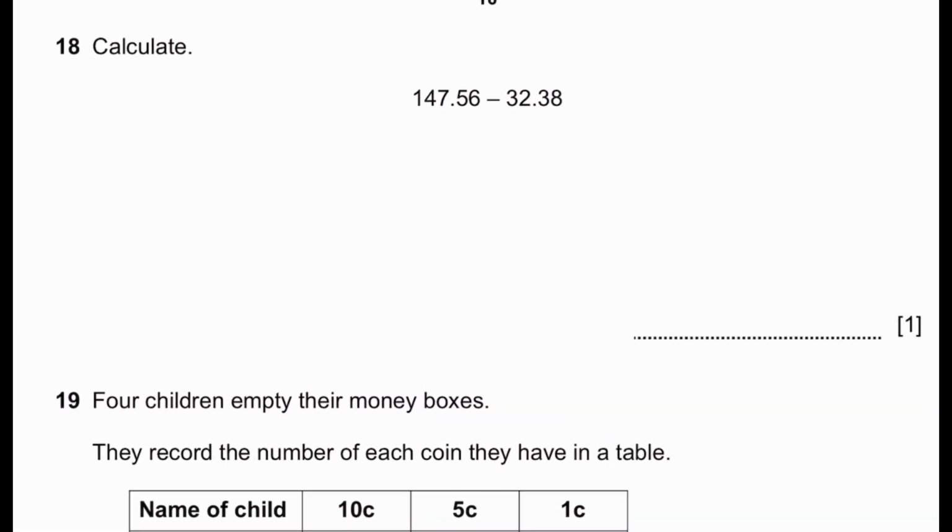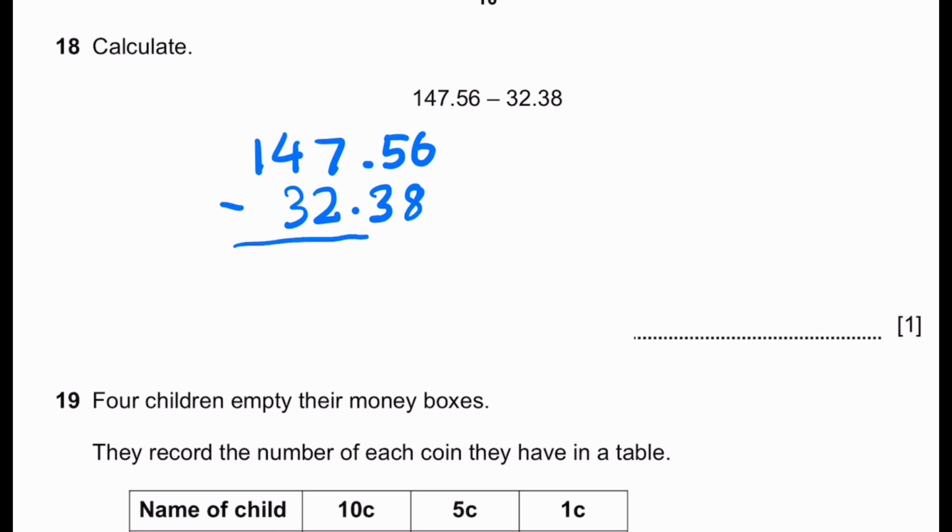Question 18. Calculate. 147.56 minus 32.38. Let's write this down. You have to borrow for the decimal. So that's 16 minus 8, 8.